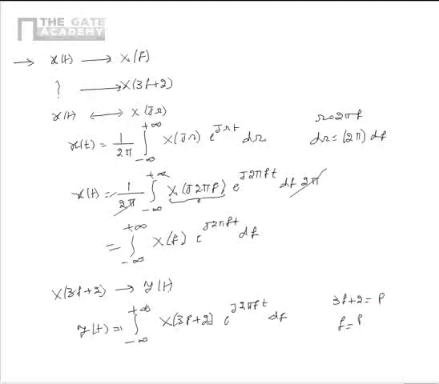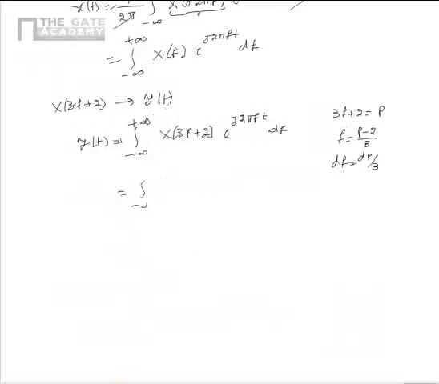From this f is equal to (p minus 2) by 3 and df is equal to dp by 3. From this we can write the integral from minus infinity to plus infinity of capital X of p e power j 2 pi t multiplied by (p minus 2) divided by 3, dp by 3.